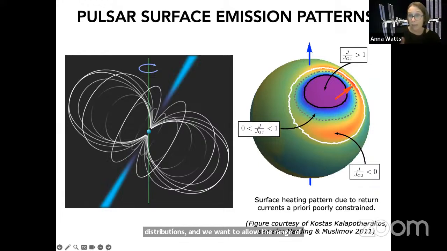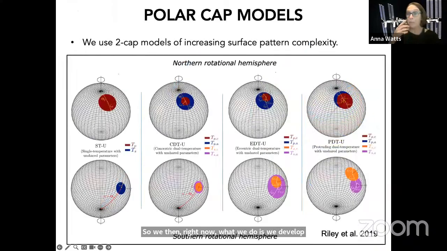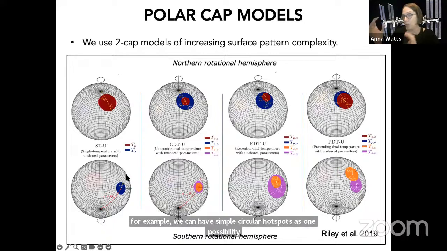Right now, what we do is develop parameterized models of possible hotspot shapes. In my team's code, for example, we build possible shapes out of circles. So, for example, we can have simple circular hotspots as one possibility. Maybe we allow two on the surface of the star. They can have their own temperatures and sizes.